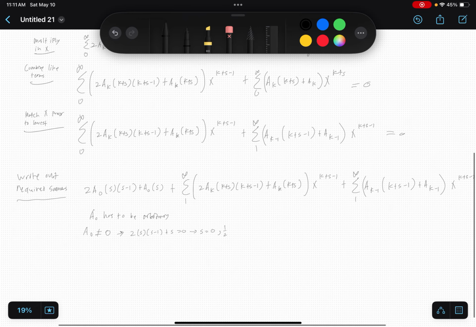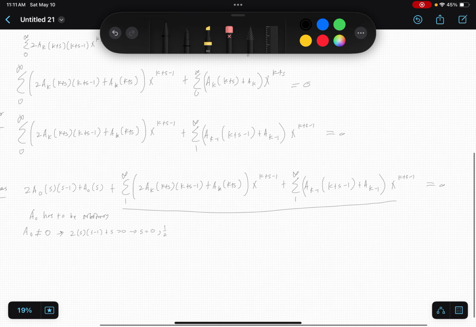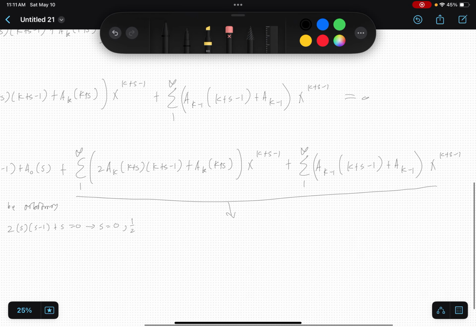So now let's combine these. Let's do that right here.